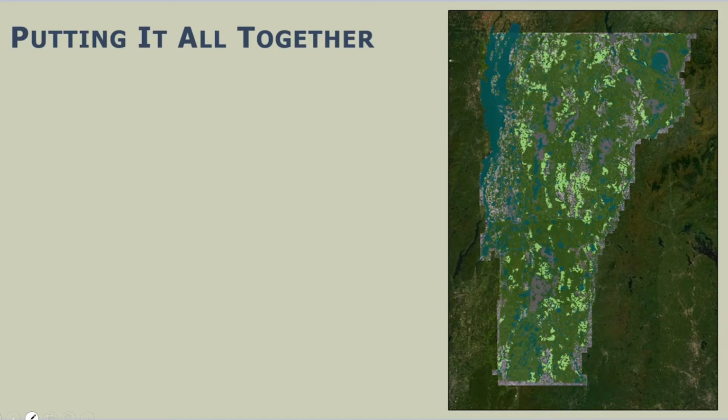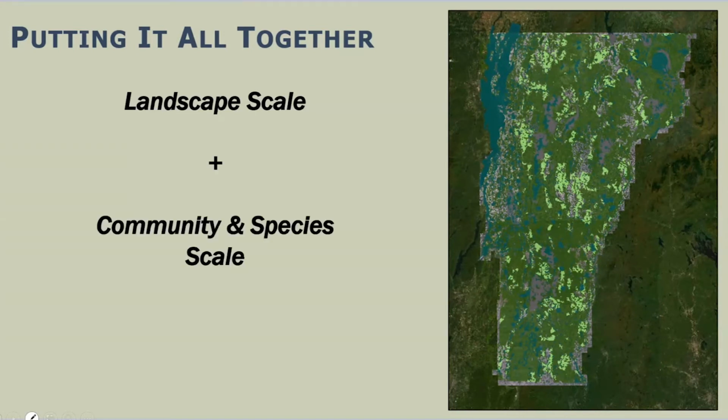So going back to that first layer that we talked about, the overall priorities, those dark greens and light greens and the aquamarine blues, what those really are just the landscape scale maps meshed in with the community and species scale maps and color coded into the blue-green scheme to represent the overall priorities.